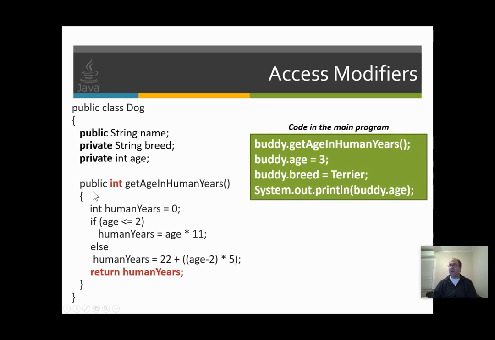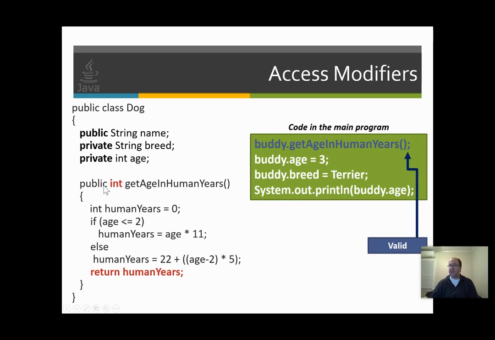Imagine now in the main program, you have these sets of code and this set of variable declarations in there. If we looked at buddy.getAgeInHumanYears, would we be able to actually call that? The answer is yes, because this is a public method. So in the main program, you would in fact have access to that method call.